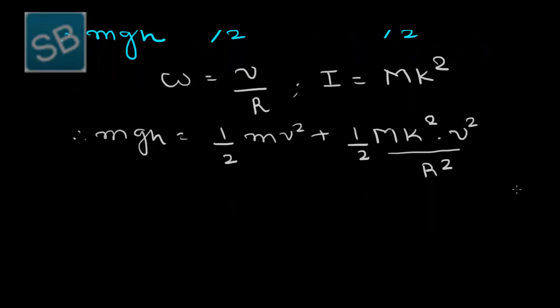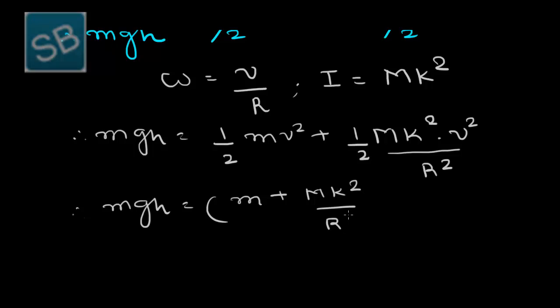Now I am taking v square common from the right hand side. Therefore mgh is equal to (m plus mk square over R square) into v square by 2.